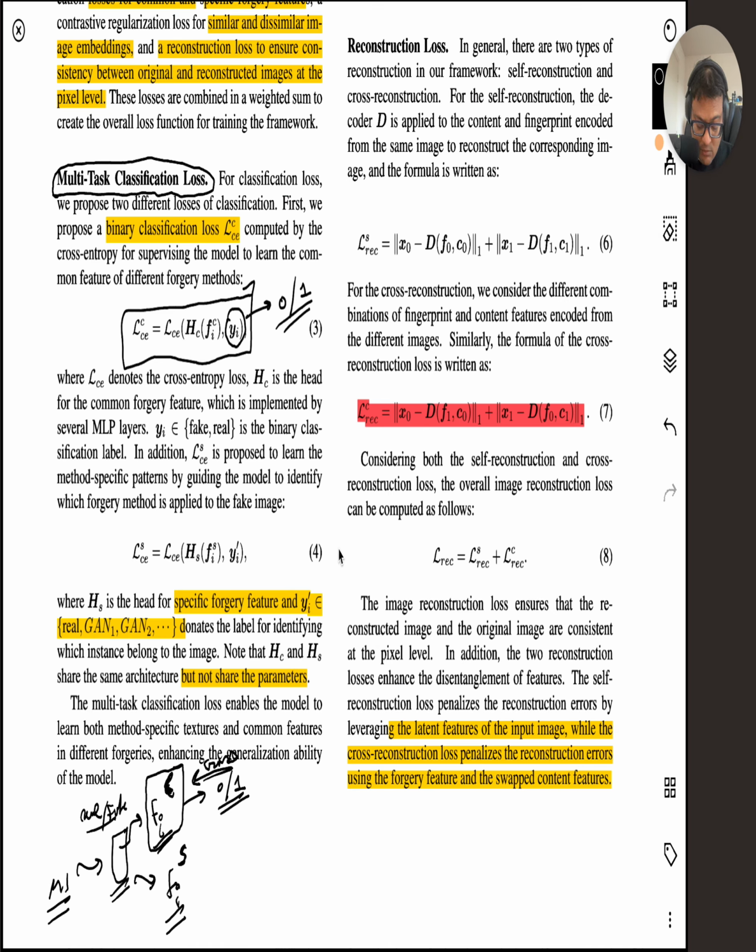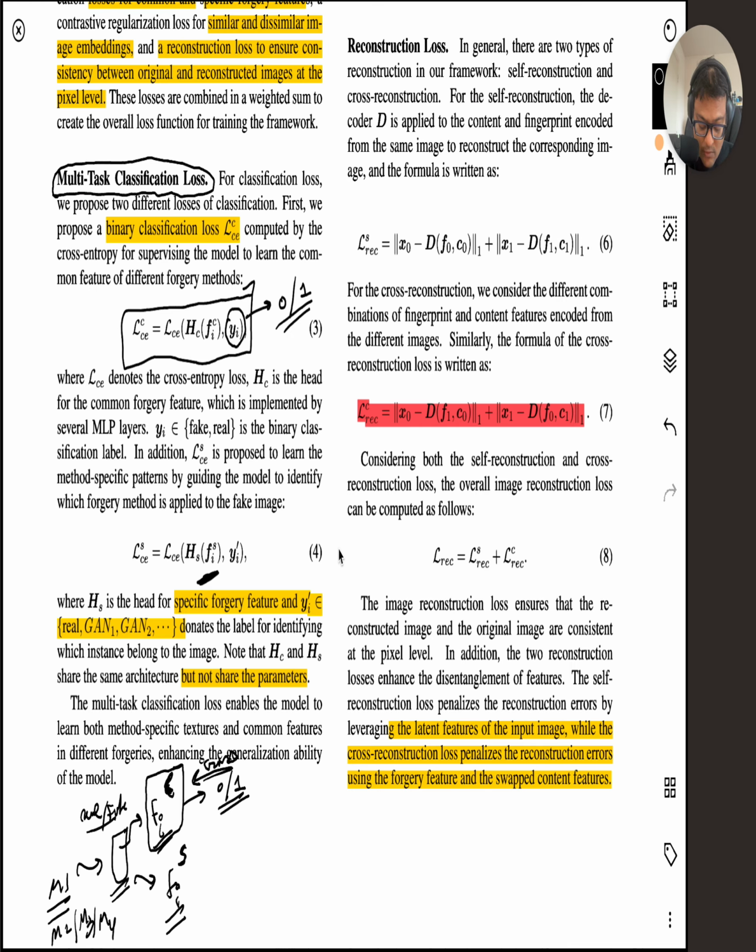Now let's look at the other part, which is the forgery-specific head. Let's say that during training you had a lot of fake data generated by models m1, m2, m3, m4, and so on.